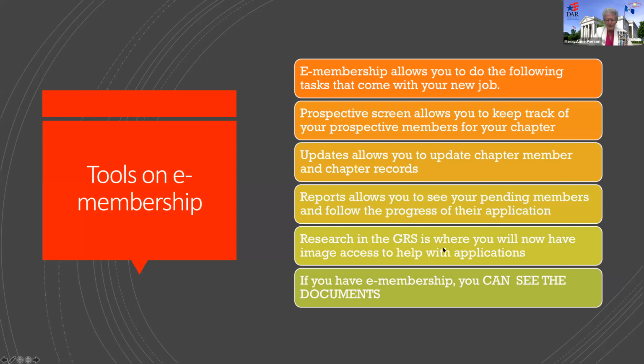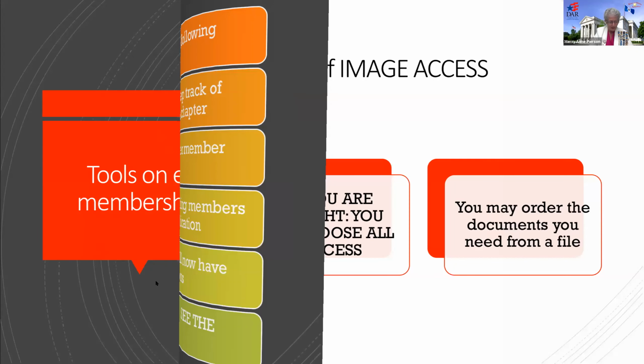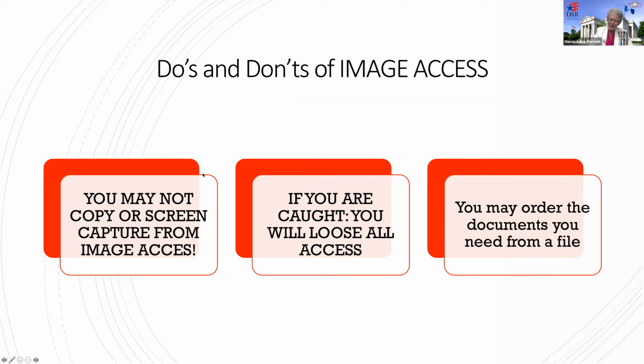There's research in the GRS where you can have image access now to see how that will help with your applications. And you have documents that you can look at in the GRS, and you can actually see the images of the proof documents. One thing you need to know, you may not copy or screen capture images. If you're caught, you'll lose all your access, but you can order the documents that you need from National.